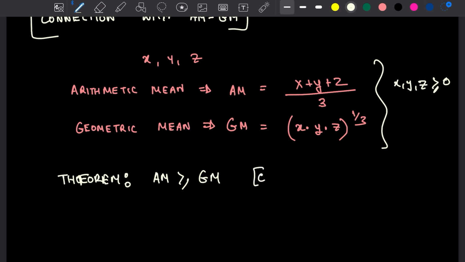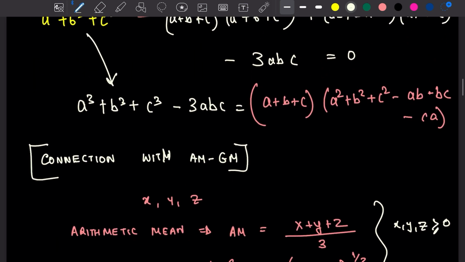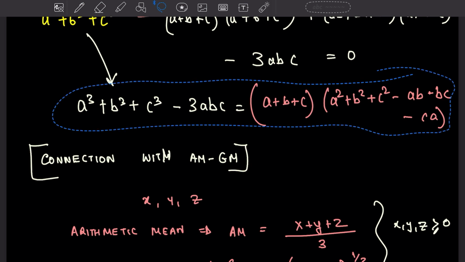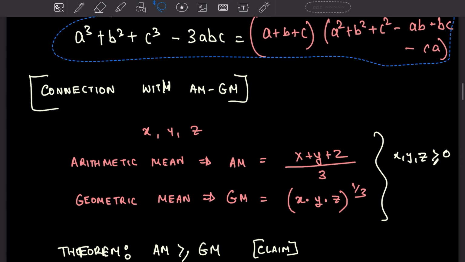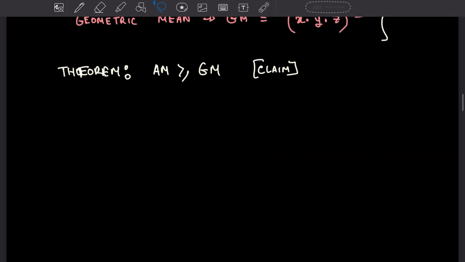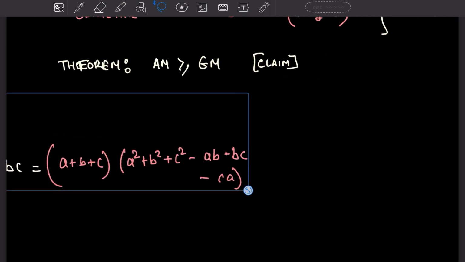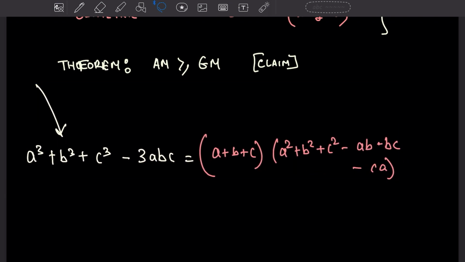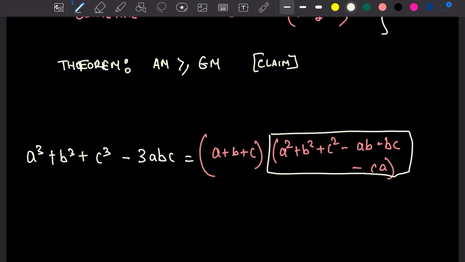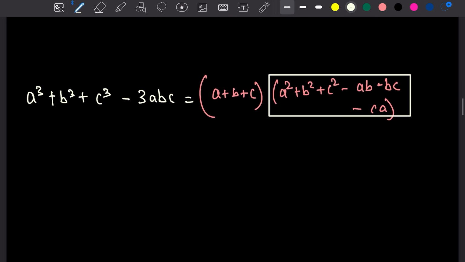And for three variables, there is a surprising connection with this particular expression and this inequality. So how is that? Okay, let me just copy this here. If you look into this part, I can easily write it like this.